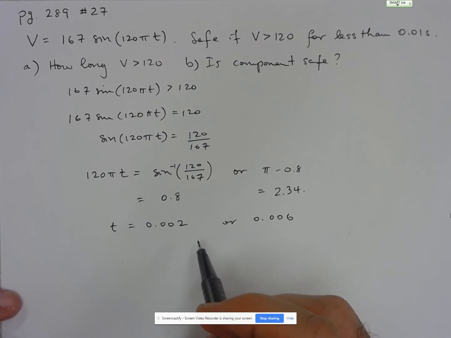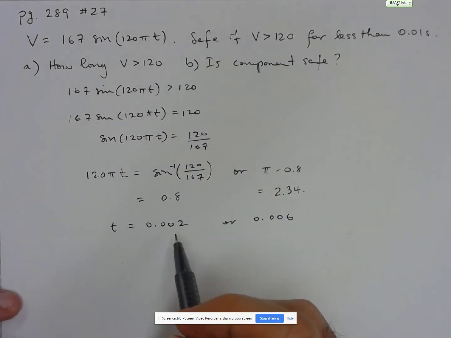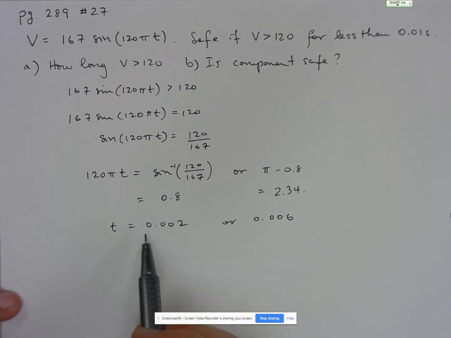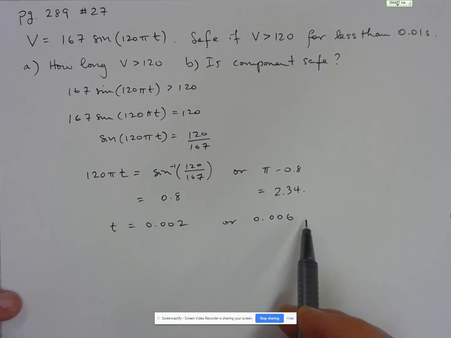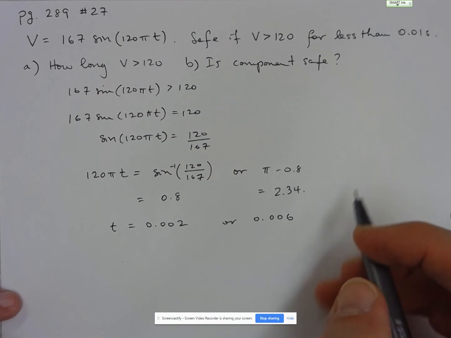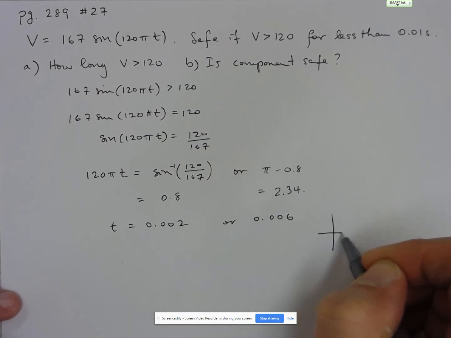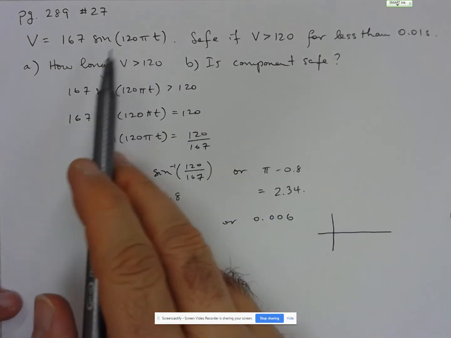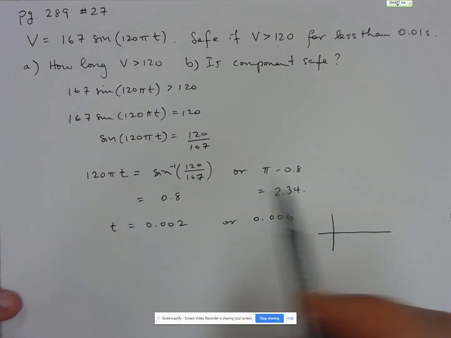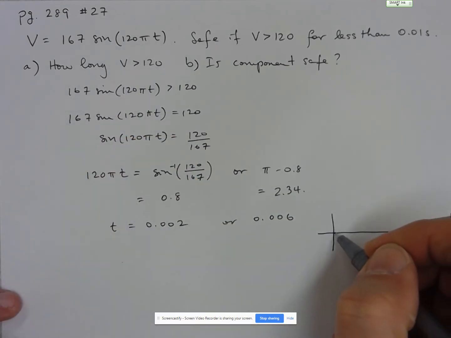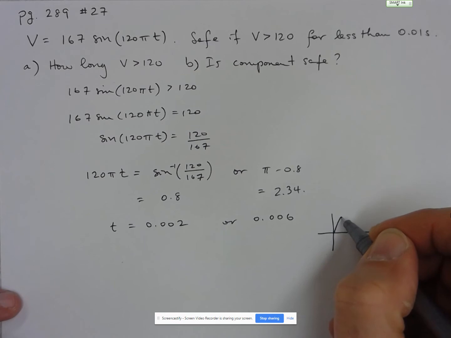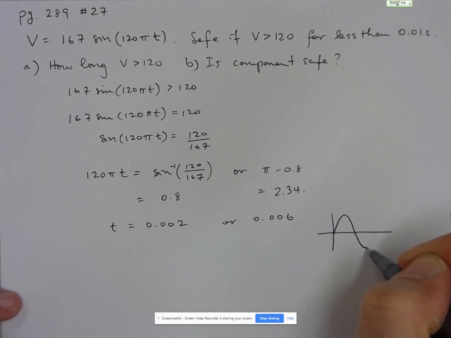Now, to determine where it's greater than 120, whether it's between these two numbers or less than 0.002, greater than 0.006, the easiest thing to do is to just draw a graph. Okay, so this is going to be given by some sine function. Notice there's no vertical shift, so I know the axis is going to be on the x-axis. So here's my sine function.